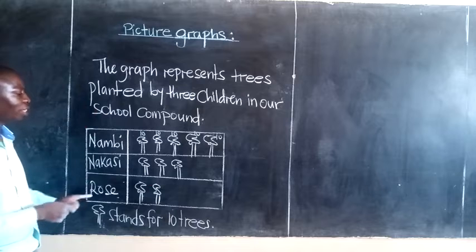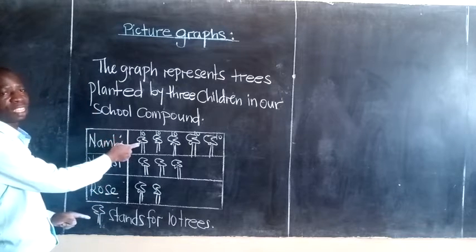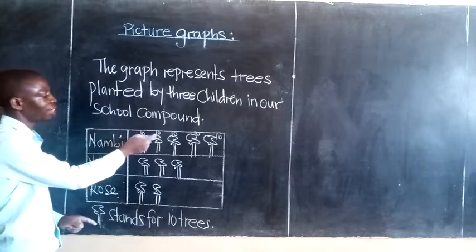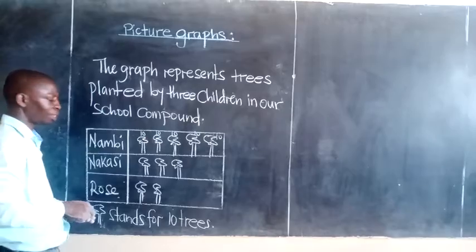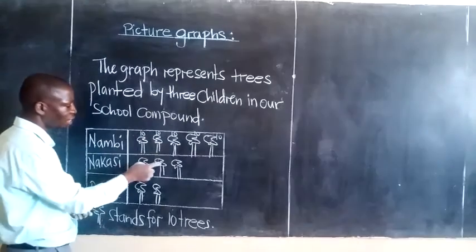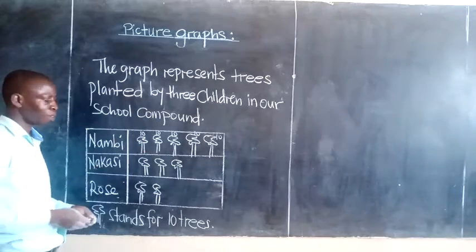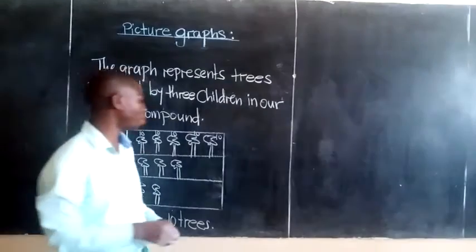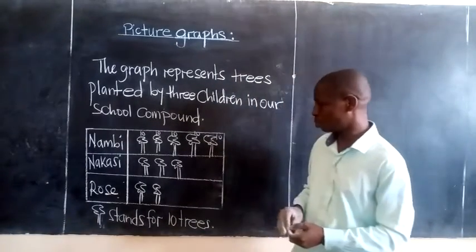Wherever you see 1 tree on your picture graph, take it as 10. So this one is 10, 10, 10, 10, 10. Here we have 10, 10, 10, 10, 10. You get it?